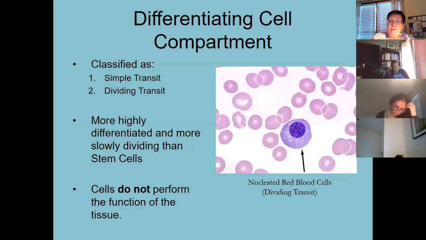An example of a dividing transit cell population are the nucleated red blood cells. They're maturing, they're not stem cells anymore, they are changing, but they are not a full red blood cell that can function. They are part of the dividing transit population, so they will undergo a few divisions while they are in this differentiating cell compartment.